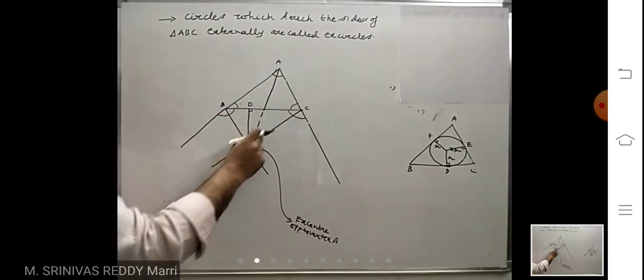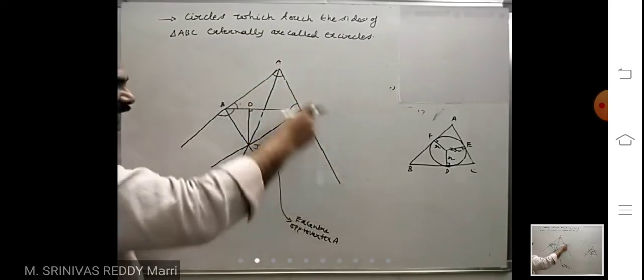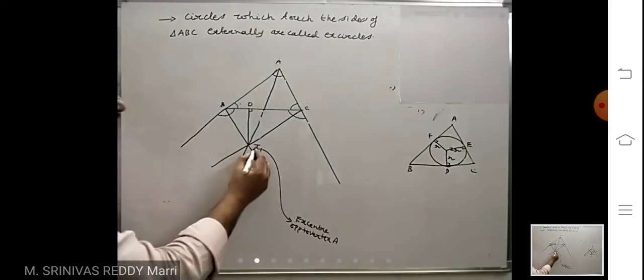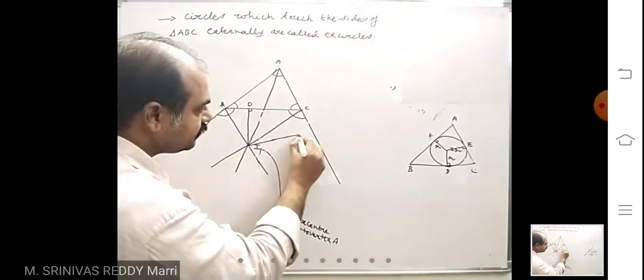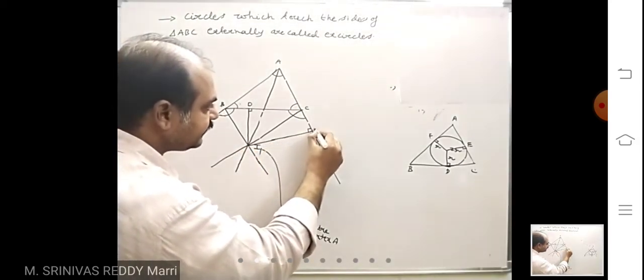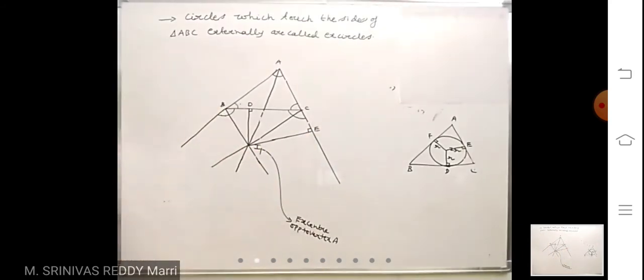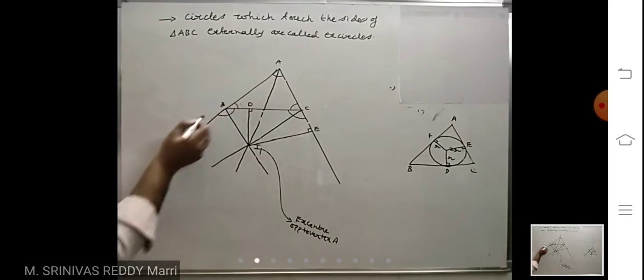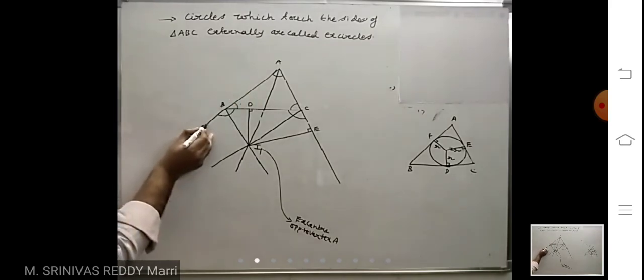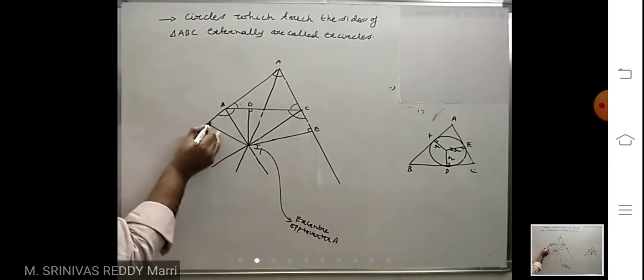Now from I1 upon AC extended, I am dropping a perpendicular. Let us say this is E. Right? So from I1, I am dropping the perpendicular upon AB, AB extended.